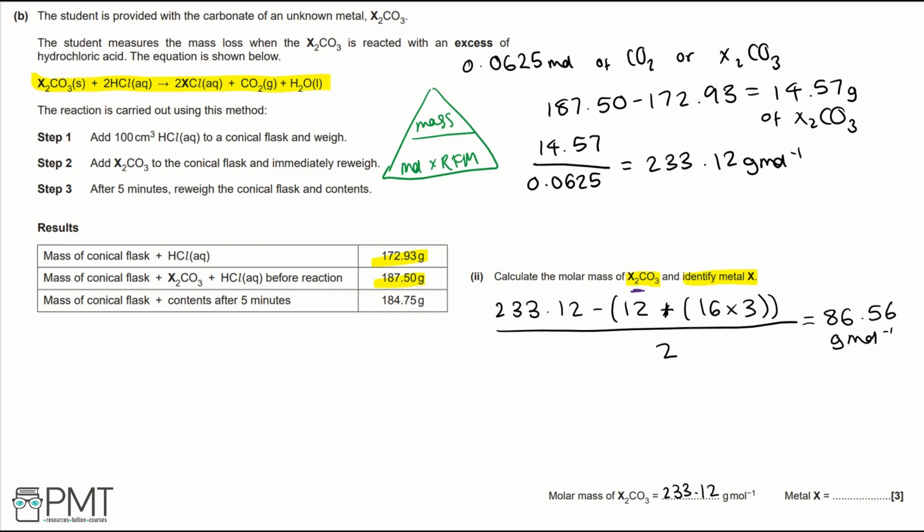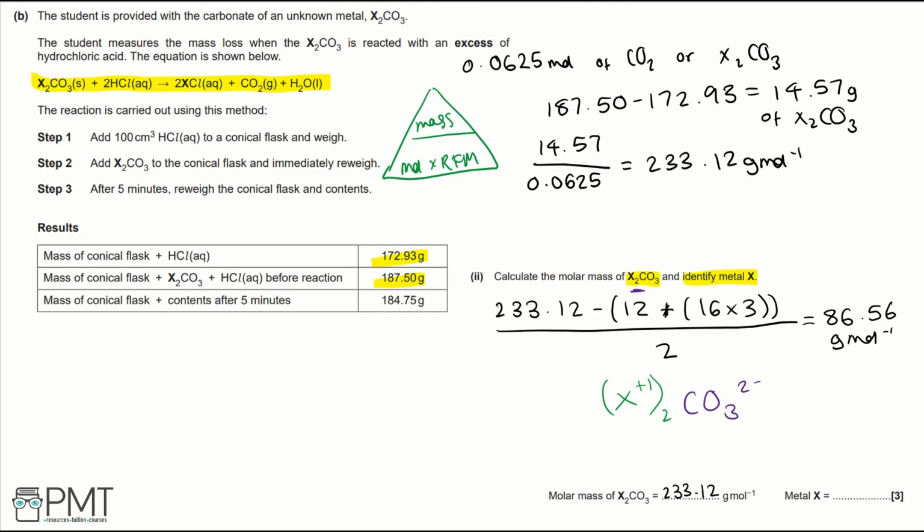But this isn't the relative atomic mass of any element on the periodic table. Instead, it's between two. Now, in order to work this out, we want to work out the charge that X has in the carbonate. So a carbonate ion has a 2- charge, and there are two X's, which means that each X will have a +1 charge. So we're looking for our element in group 1 of the periodic table with a relative atomic mass closest to 86.56.